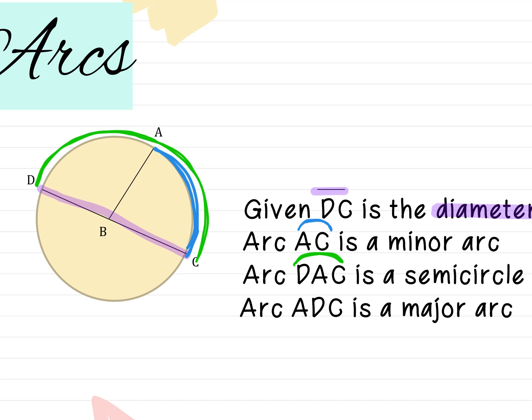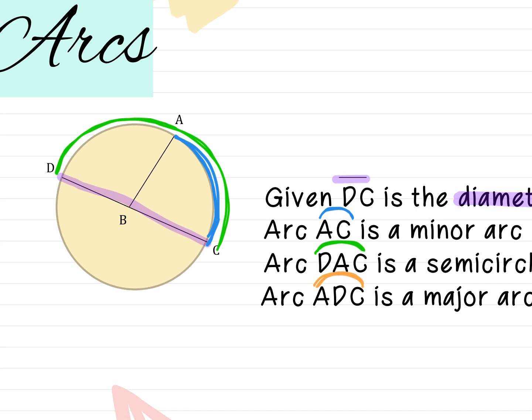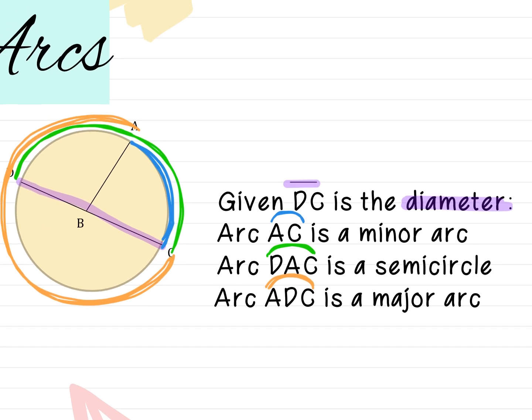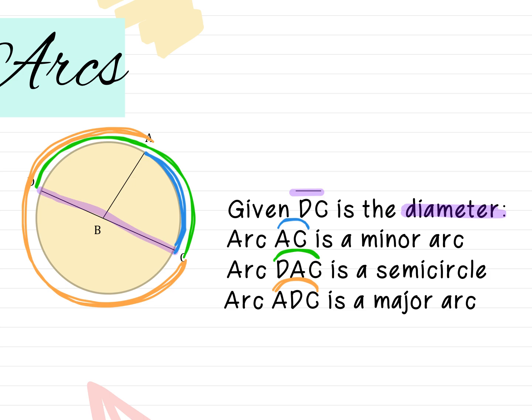Looking at the last one, again following the order it's written, I'm going from A to D to C. Arc ADC is more than half my circle, and it's not half, so this is a major arc. So know the difference between minor, semicircle, and major.